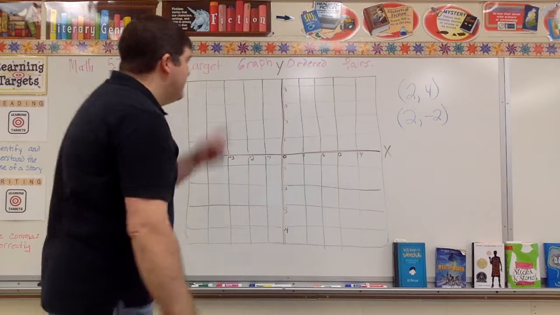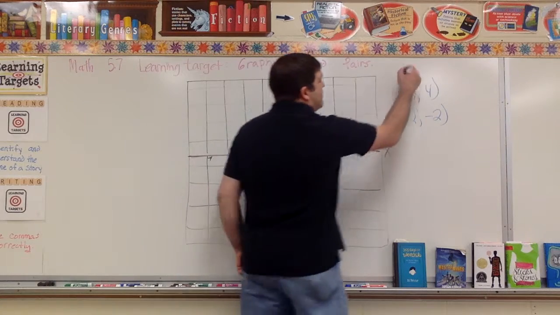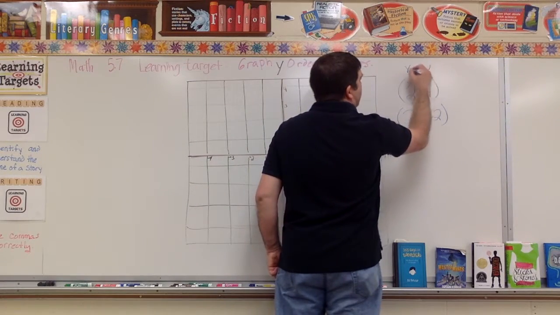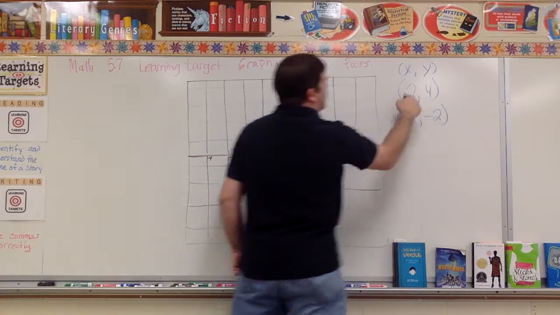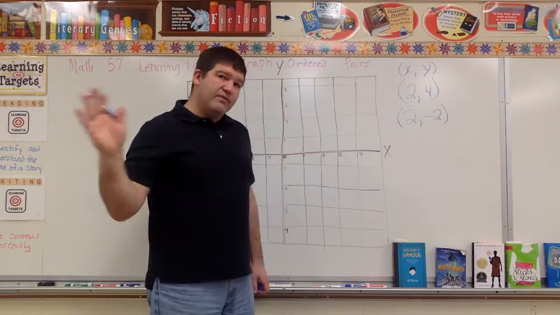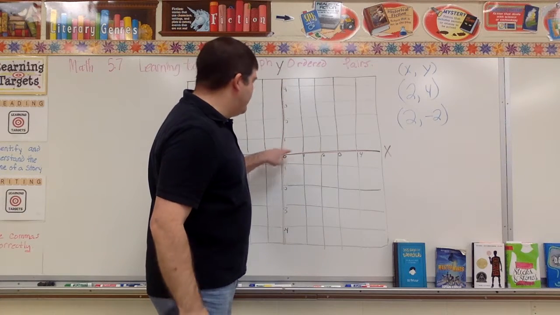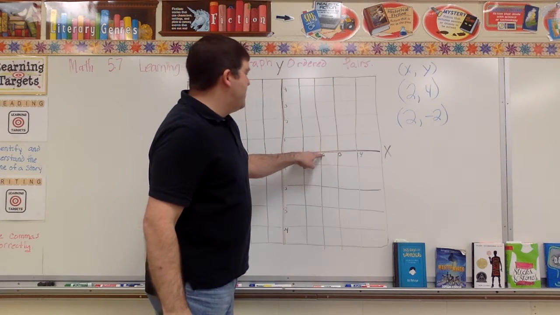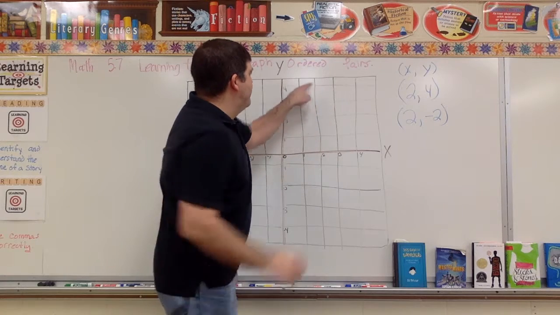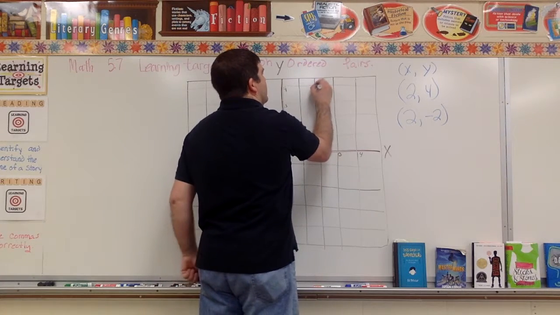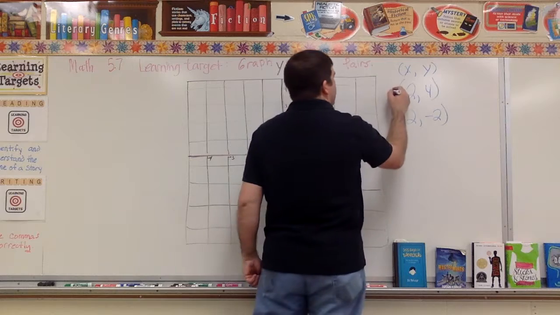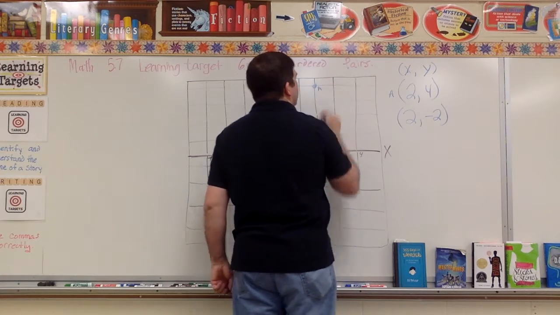I know that this is my x and this is my y. I start with the x. Remember, I take the ladder over this way or this way before I go up or down. So I start at 0. It's a positive 2. 1, 2. And a positive 4. 1, 2, 3, 4. So we'll call that A.